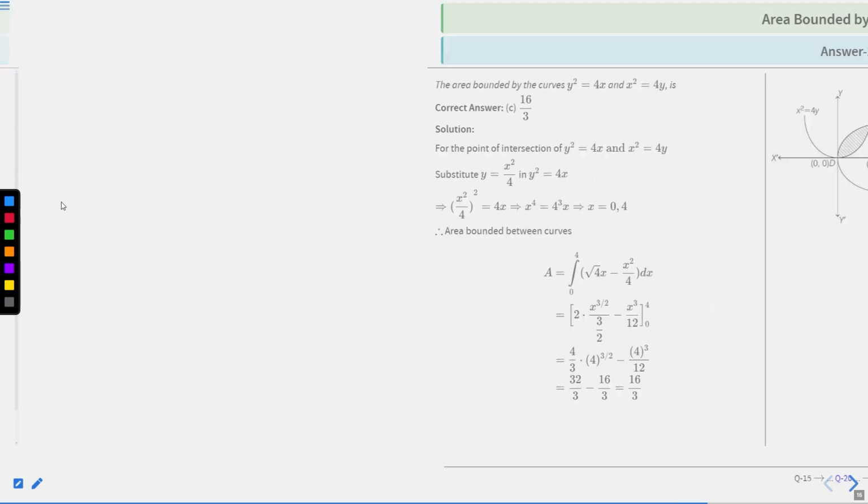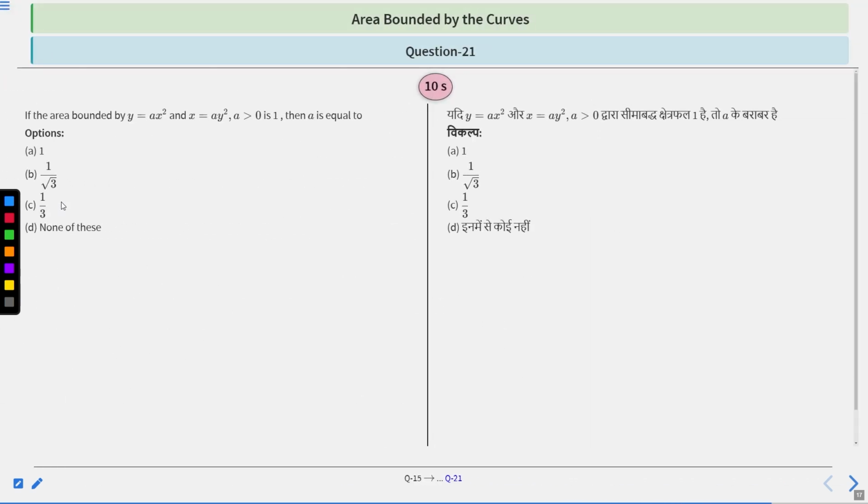Okay, let's move to the next question. Question number 21, which says that if the area bounded by y is equal to ax square and x equal to ay square, when a is greater than 0, is 1, then a is equal to. See, the area bounded by two curves is basically 1 when a is greater than 0.